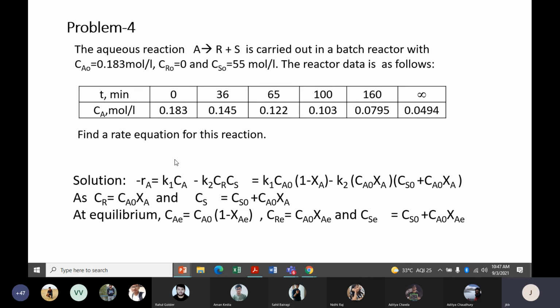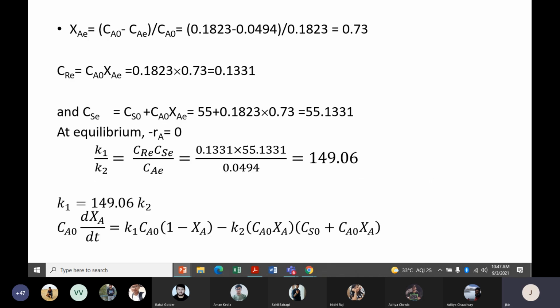So assume it is reversible, write the rate expression in the reversible form. By the previous way, you can go replacing CAE and writing in terms of equilibrium conversion. That is at infinite time, you can assume it attains equilibrium. From there, you can calculate the equilibrium conversion.